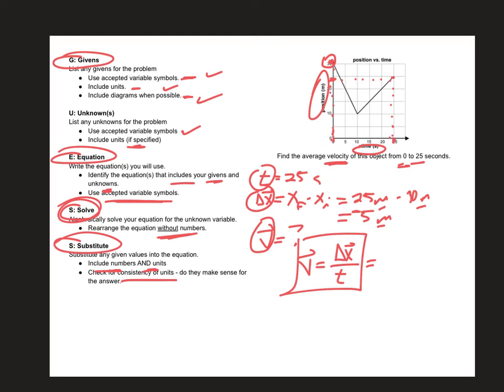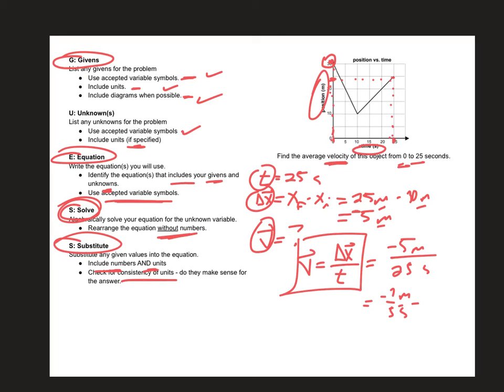What was my displacement? My displacement was -5 meters. How much time did it take to go through that displacement? It took 25 seconds. So I end up with -5 over 25. That reduces down to -1/5 meters per second.